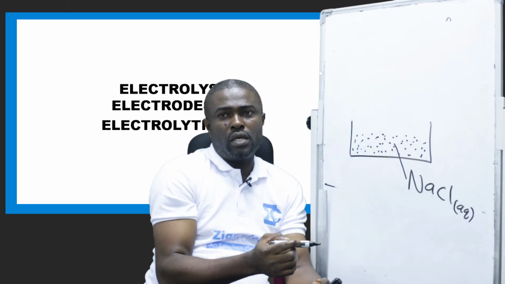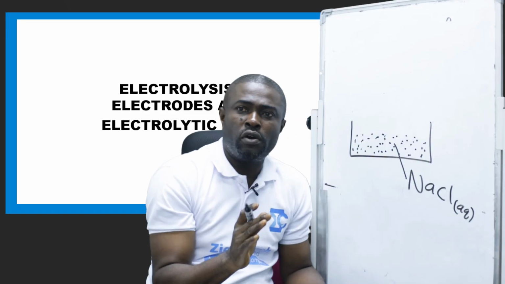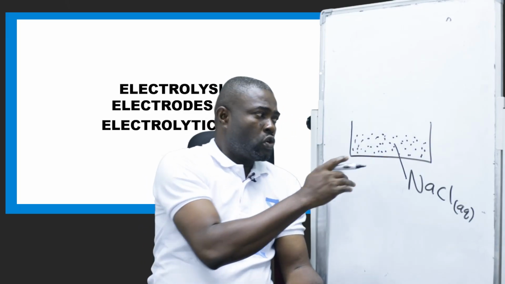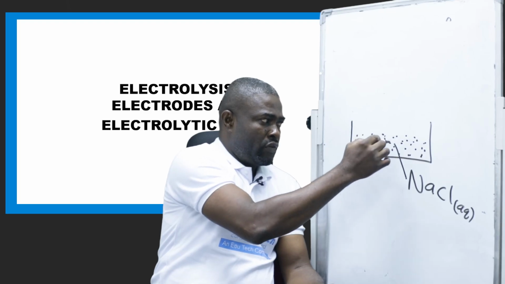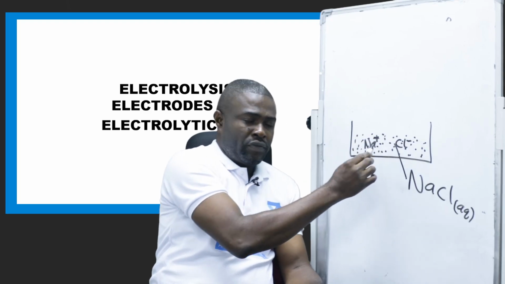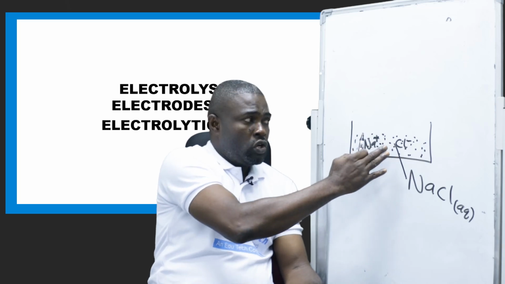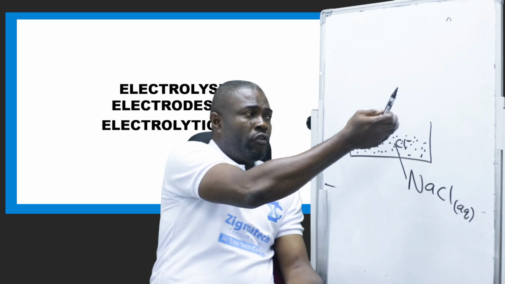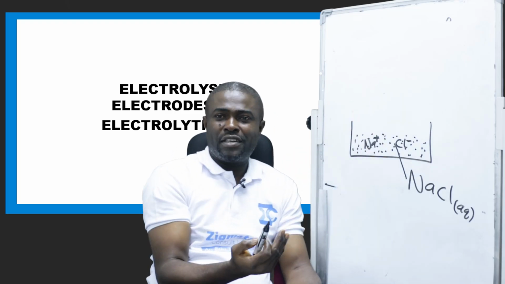What does that mean? That means that the sodium chloride has been dissolved in water. So the ions here, sodium ion, positive, and chloride ion, negative, are in mobile phase now. They can move. So any current that's passing from one point to the other can have free access.